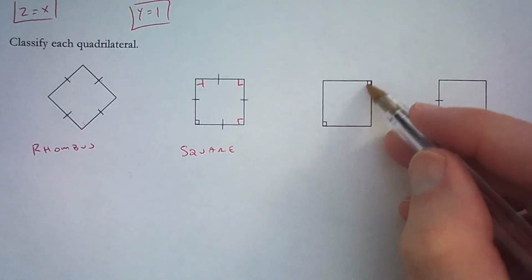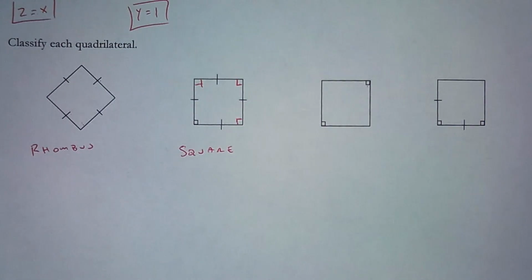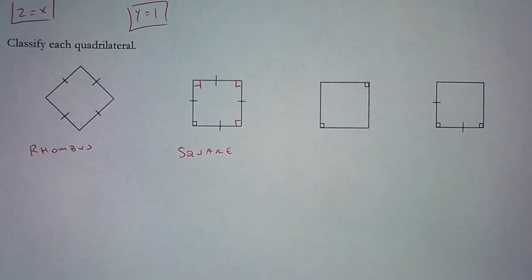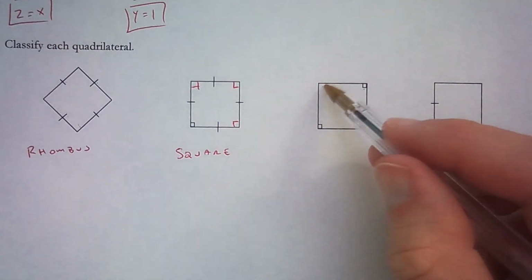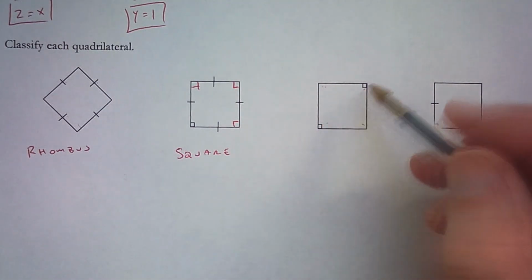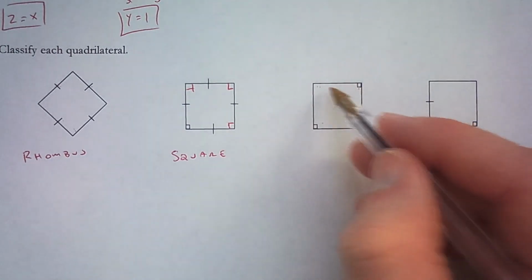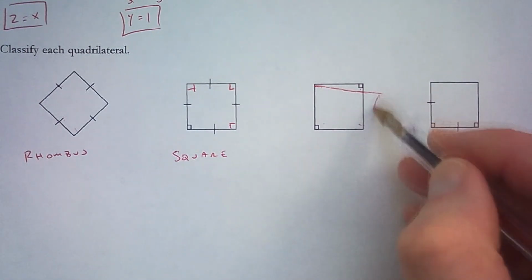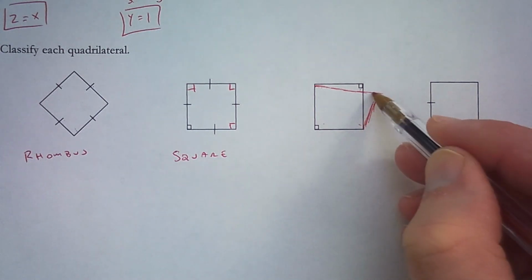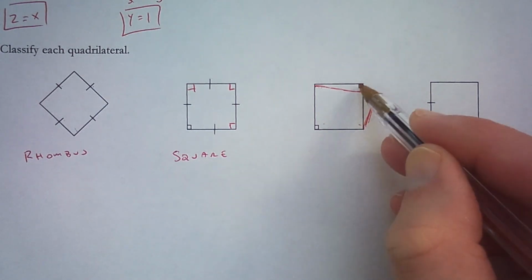Here I have right angles across from each other. That's all I know. I don't know if all the sides are the same. I don't know if all of the angles are right angles. In fact, I could change these angle measures without violating the given information of these 2 right angles, and this same figure could be changed to look more like this, where there's still a right angle right here.